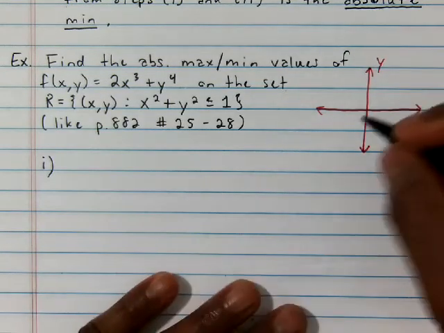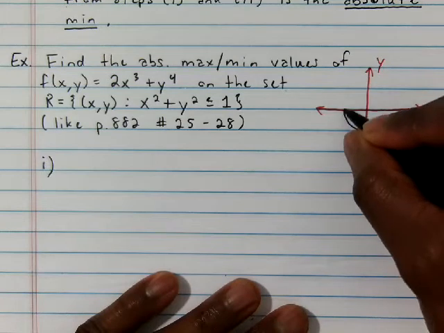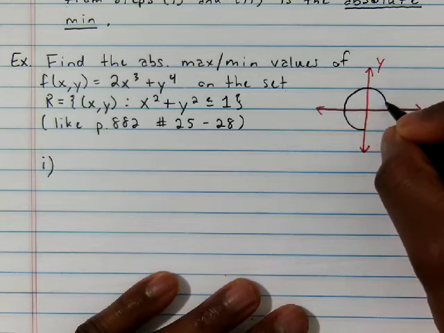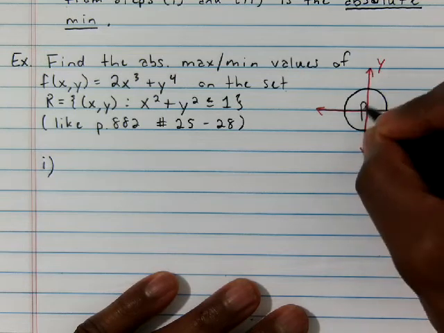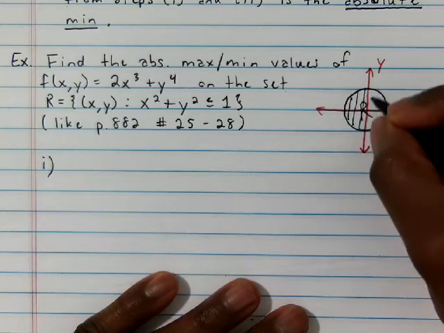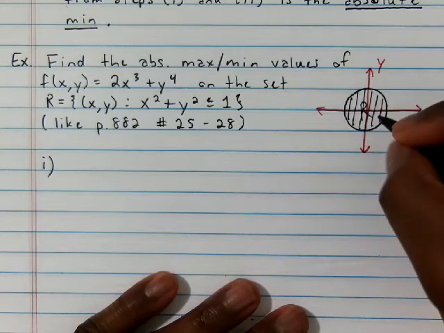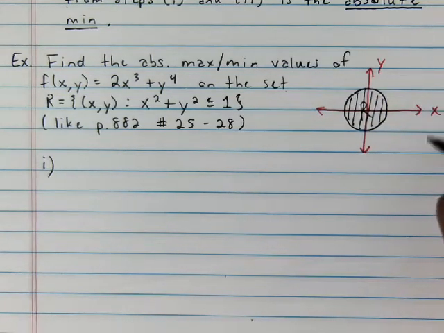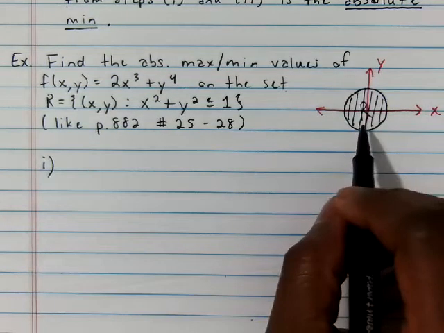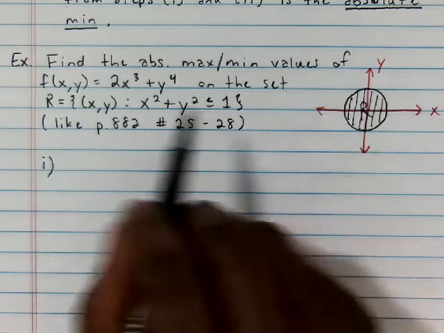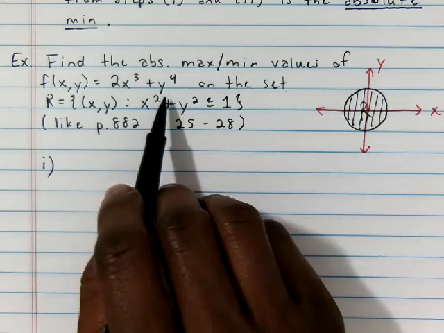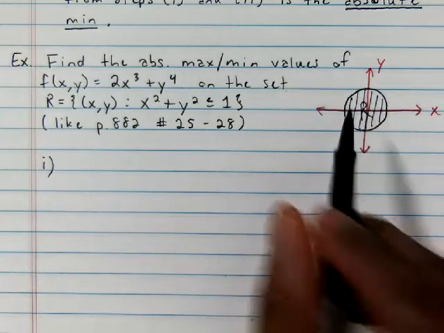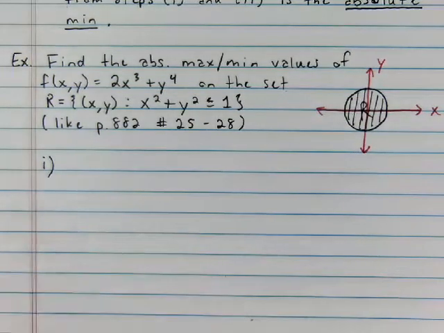So our region is just a disk in the xy plane, centered at the origin with radius 1. It includes the boundary, which is this circle, and then all the points inside of there as well. So that's our region R. We find the critical points of this function as usual, and then we keep anything that's in this region. If it's not in that region, we don't need to consider it at all.